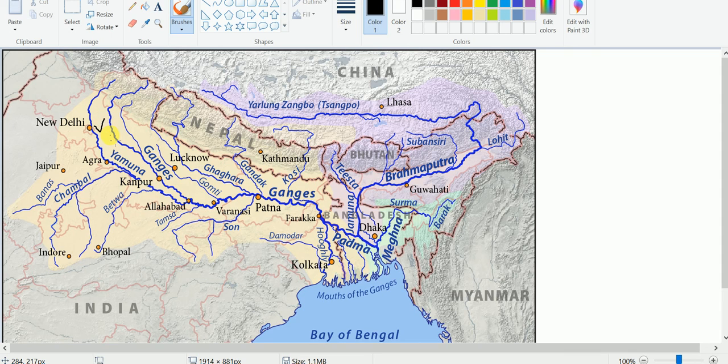Delhi, we have pointed out earlier. Here we have Agra. We have Kanpur here. Actually, here we have Allahabad, and here Varanasi. This is Patna in Bihar. This is Farakka, and this is Kolkata. So these are the major cities polluting both the Yamuna and Ganga rivers.